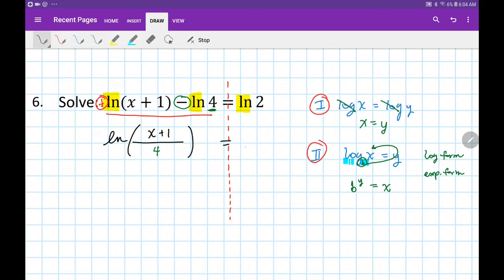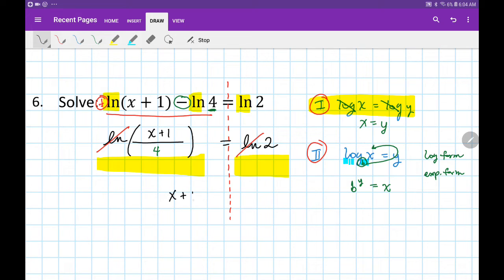Divided by 4 equals, and on the right side I only have 1 log, so I'll leave it natural log 2. So now have a look. On the left side I have only 1 log. On the right side I have 1 log, so that means this is a situation 1 problem where I can very simply just cross out the logs and set the inside guys equal to each other.